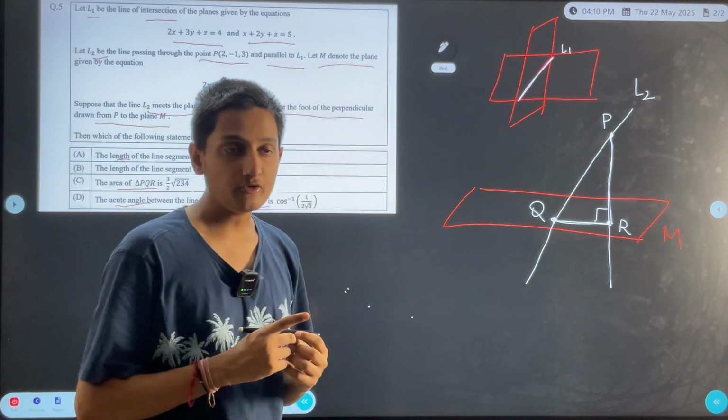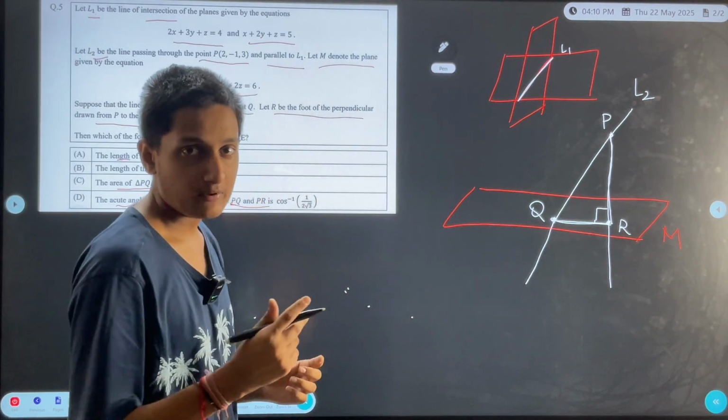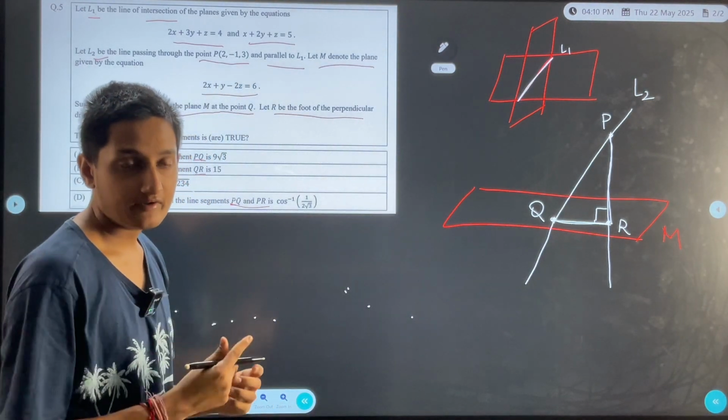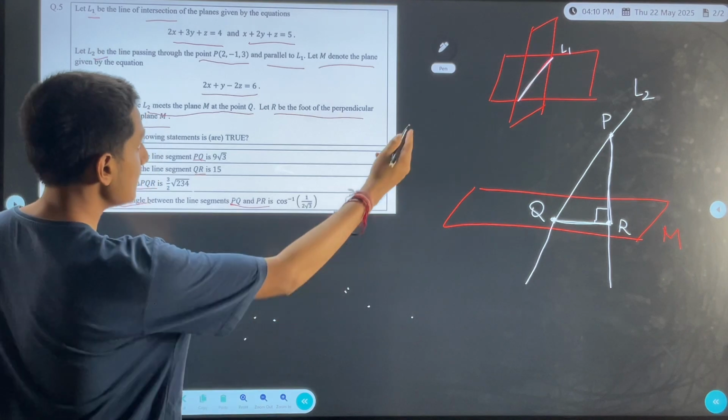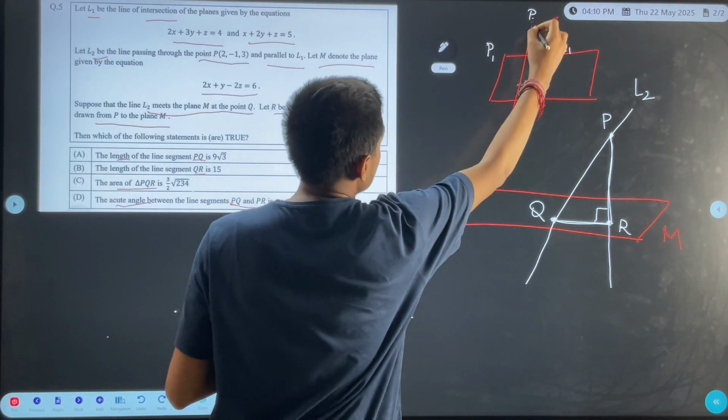Now one thing to keep in mind is that the direction ratios of the normal to any plane are given by the coefficients of x, y and z in the plane equation. So for example, let's take the plane P1 here and also P2.